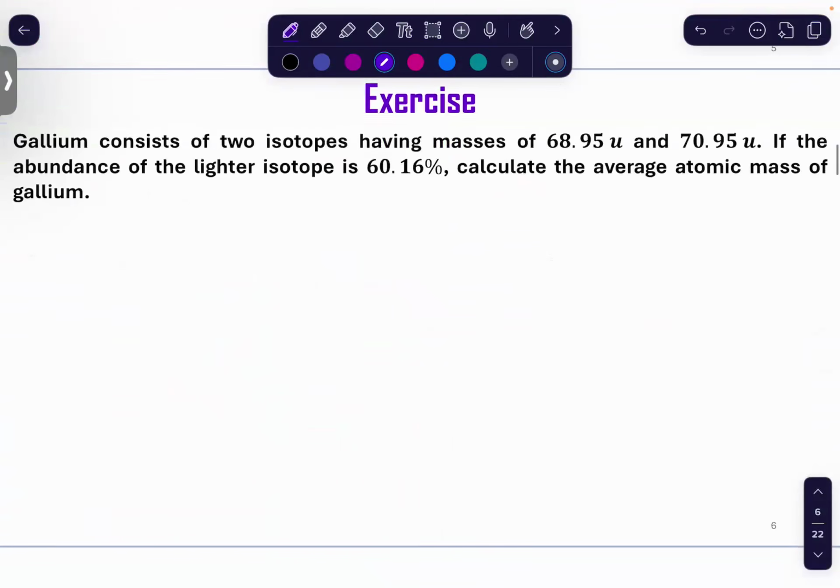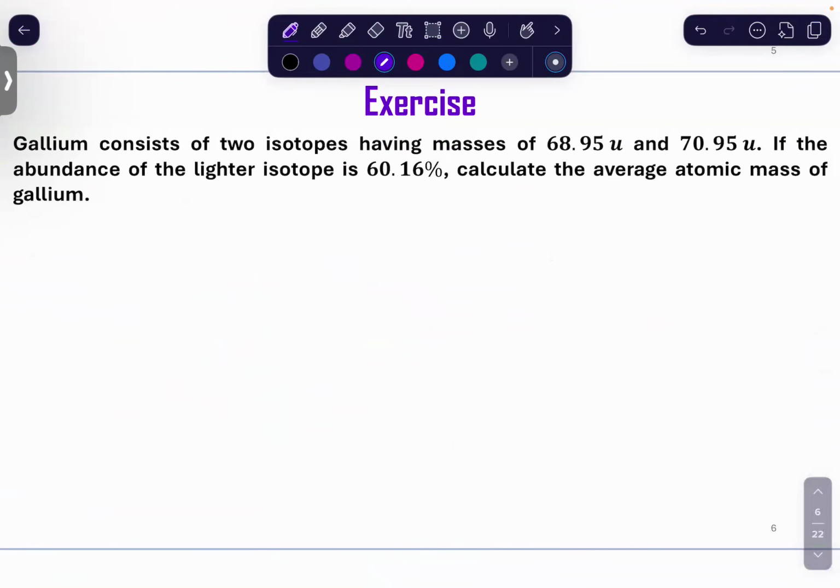So let's actually work through a problem. Here we have the element gallium, and it has two isotopes having masses 68.95 atomic units and 70.95 atomic units. If the abundance of the lighter isotope is 60.16%, what is the average atomic mass of gallium?